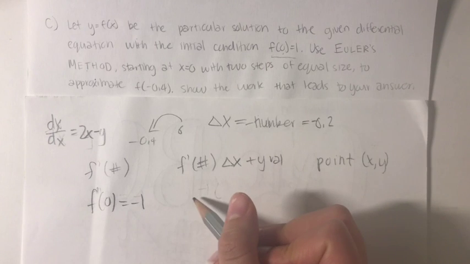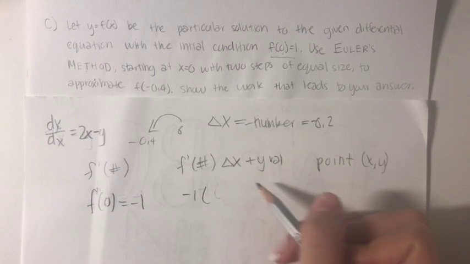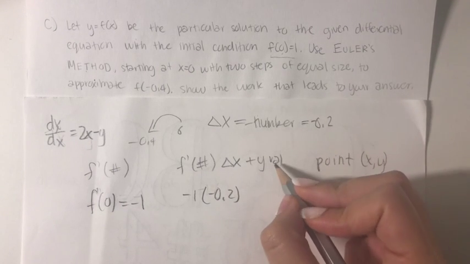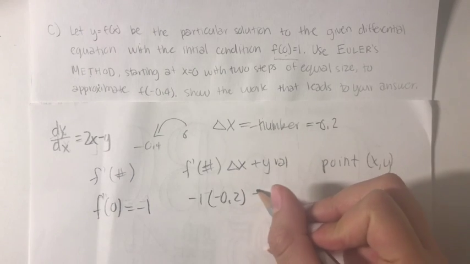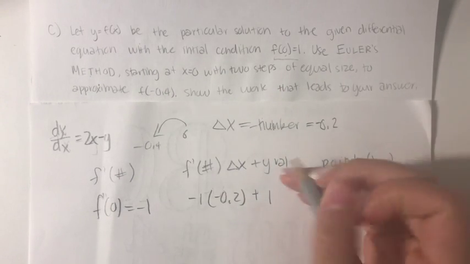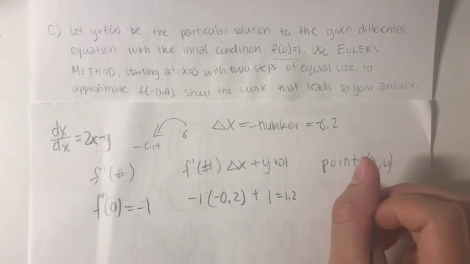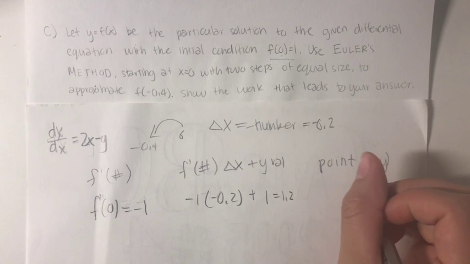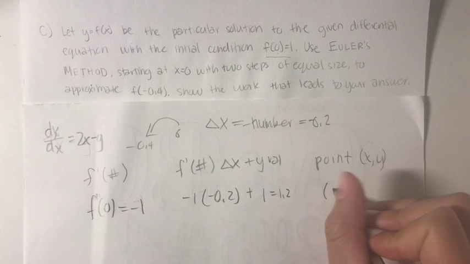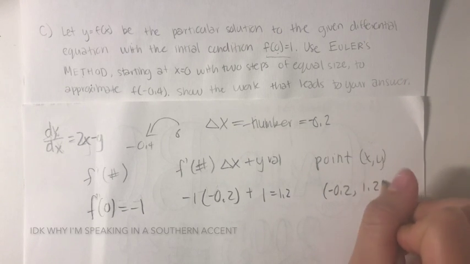Now we have f prime of 0, negative 1, multiplied by delta x, which is the width, of negative 0.2, and then you add the y value, which is 1, since f(0) equals 1. Now all of this equals 1.2. Now this is not a calculator problem, so bear with me, you'll have to do some algebra. So the next point will be (-0.2, 1.2).